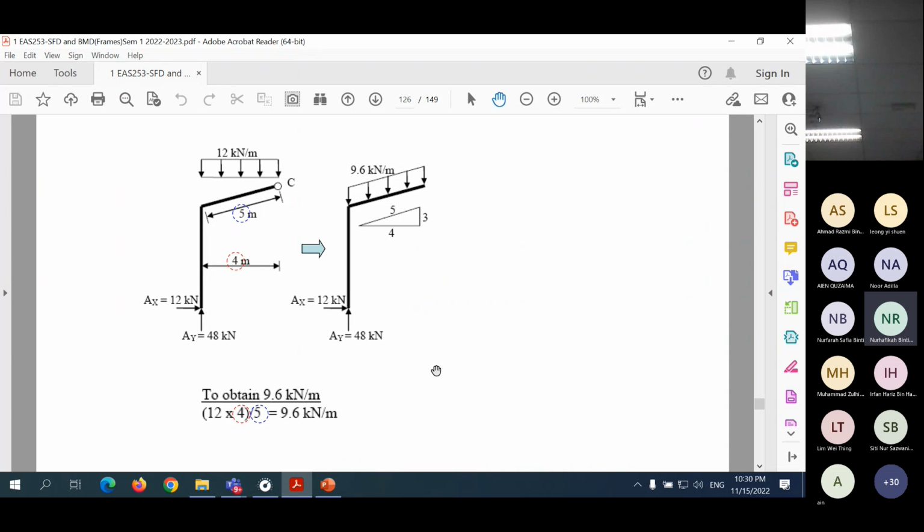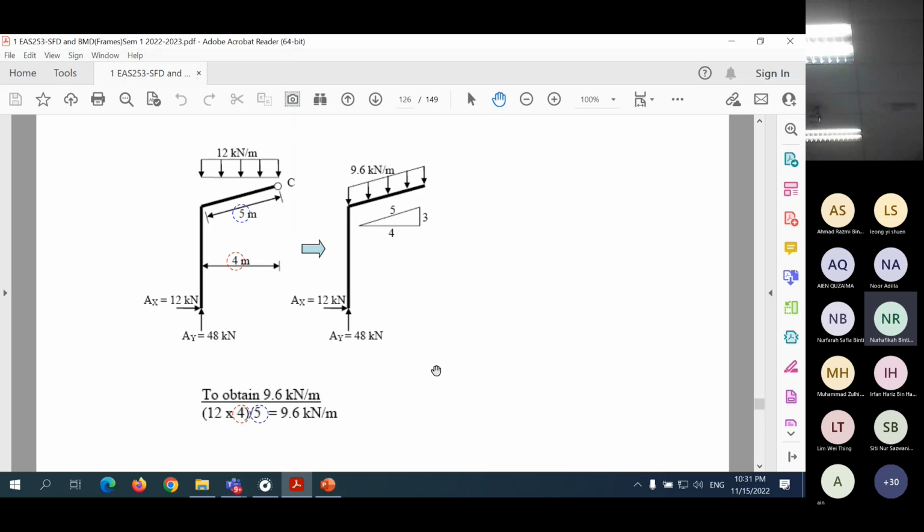This 12 kilonewton per meter is distributed over a horizontal distance of 4 meter, so you get the total load, which is 12 multiplied by 4. Then you distribute it over the new length, which is 5. So 12 multiplied by 4 gives the total load, then divided by 5, you distribute it over the member length.